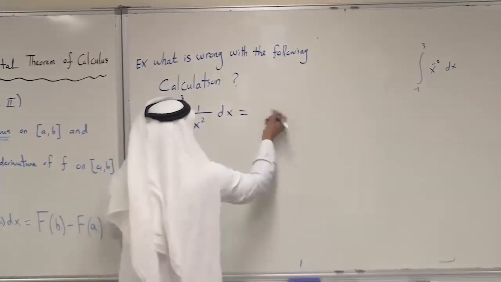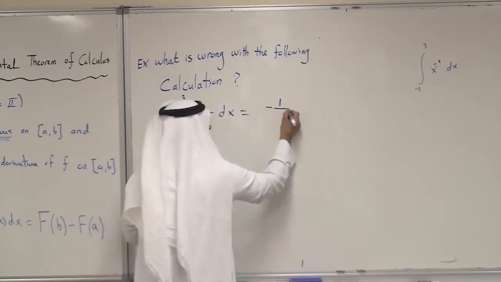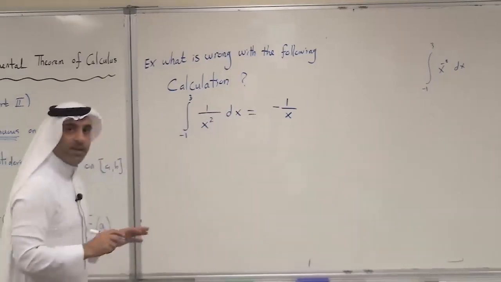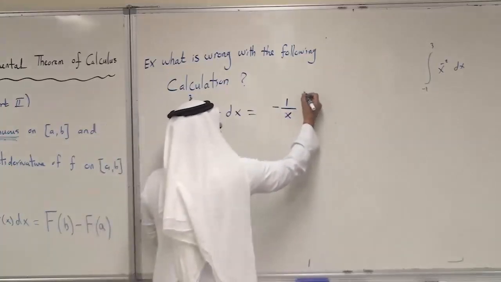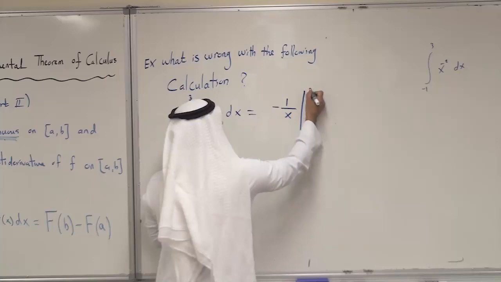So what do we have here? I will write x to the power minus 1 over minus 1, that is minus 1 over x squared. Once we differentiate this, we get 1 over x squared. That is an antiderivative of 1 over x squared. Then, according to the theorem, I need to evaluate this from minus 1 to 3.